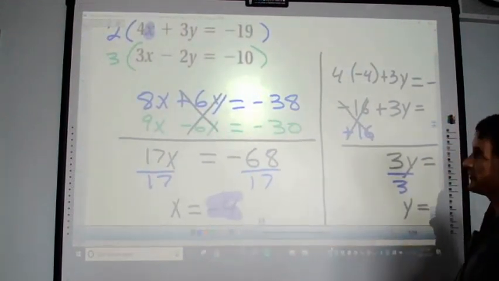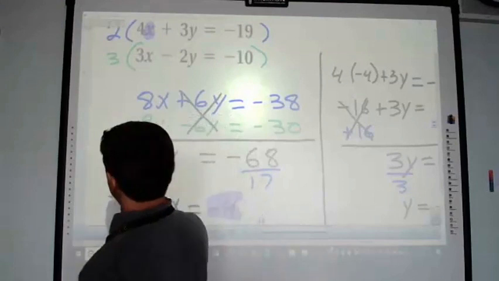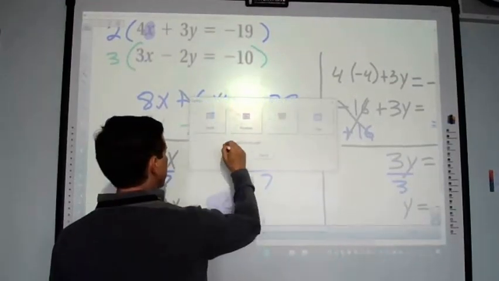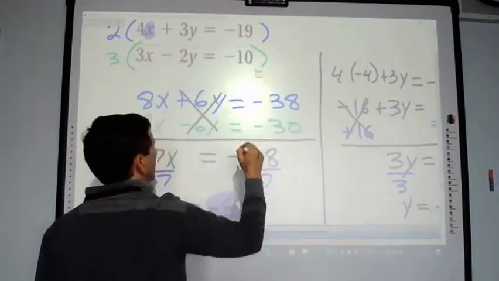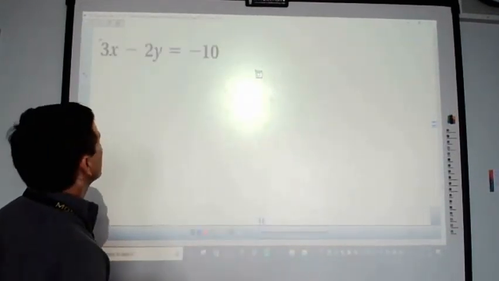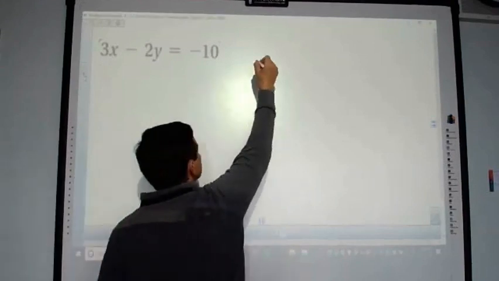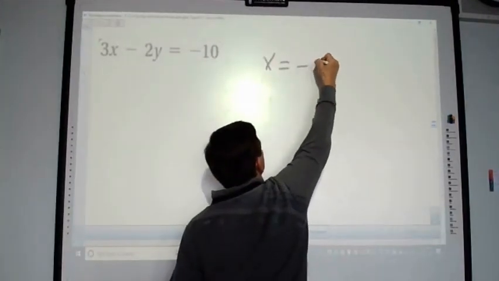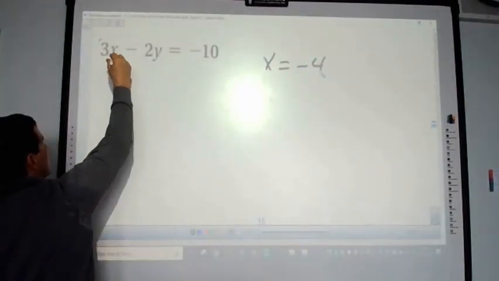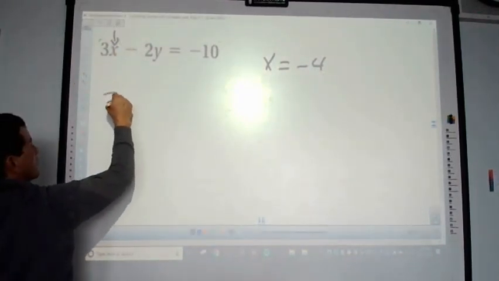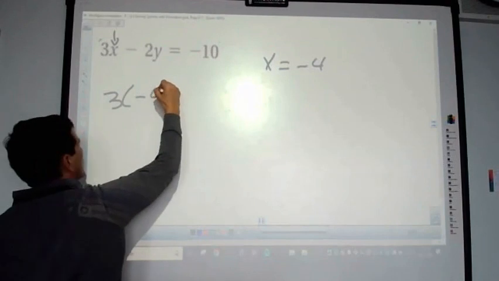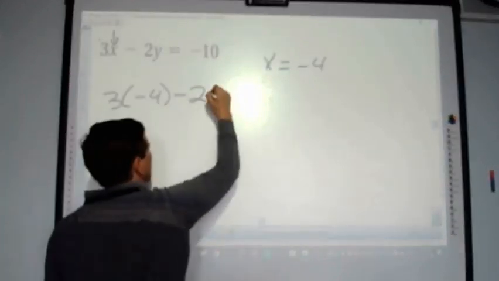So bottom equation, we have 3x minus 2y equals -10. Just copy that to a new page. And we'll plug in x equals -4. So that's going to go in here for that x. So we have 3 times -4 minus 2y.